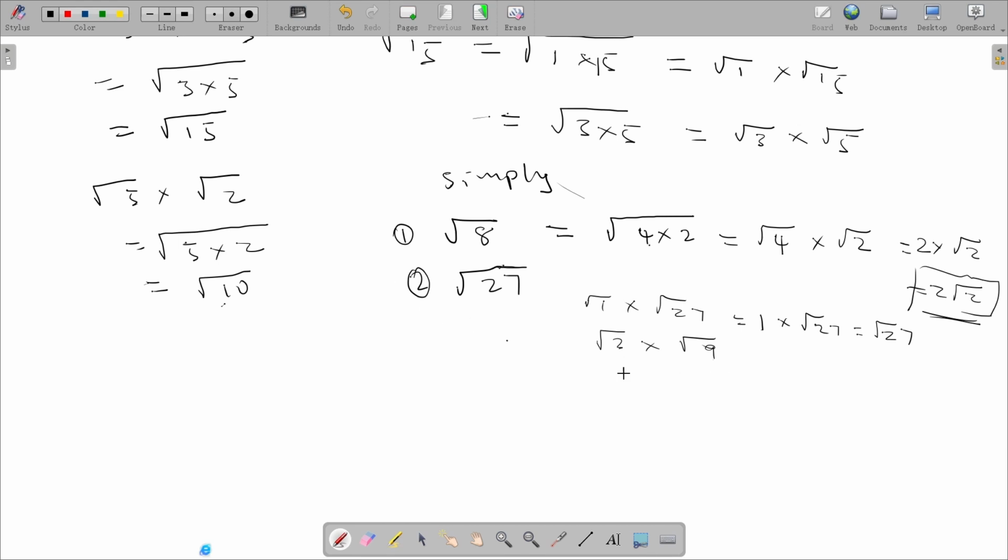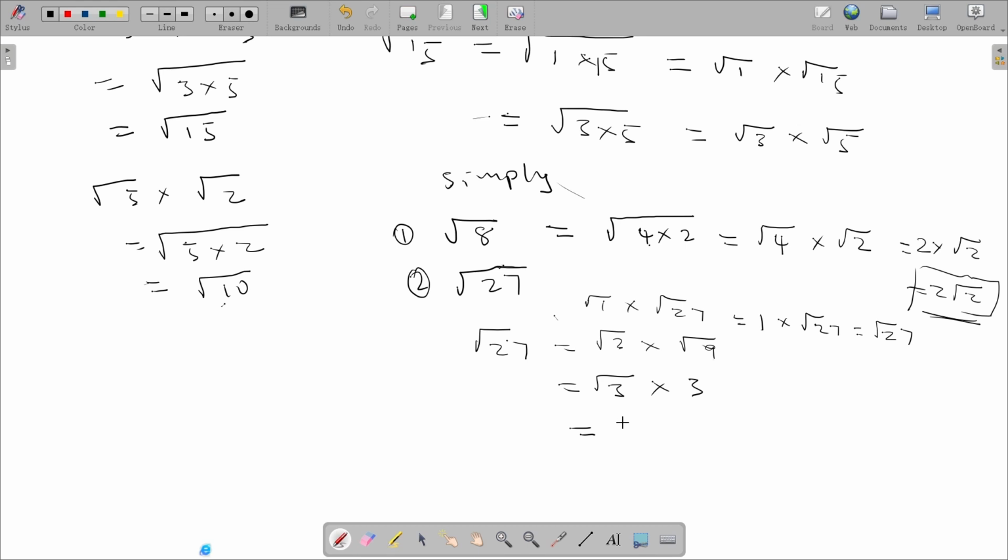Let's consider the second one. We know that square root of 27 is the same as square root of 3 times 9, which is equal to square root of 3 times square root of 9. 9 is a square number, so square root of 9 is 3.